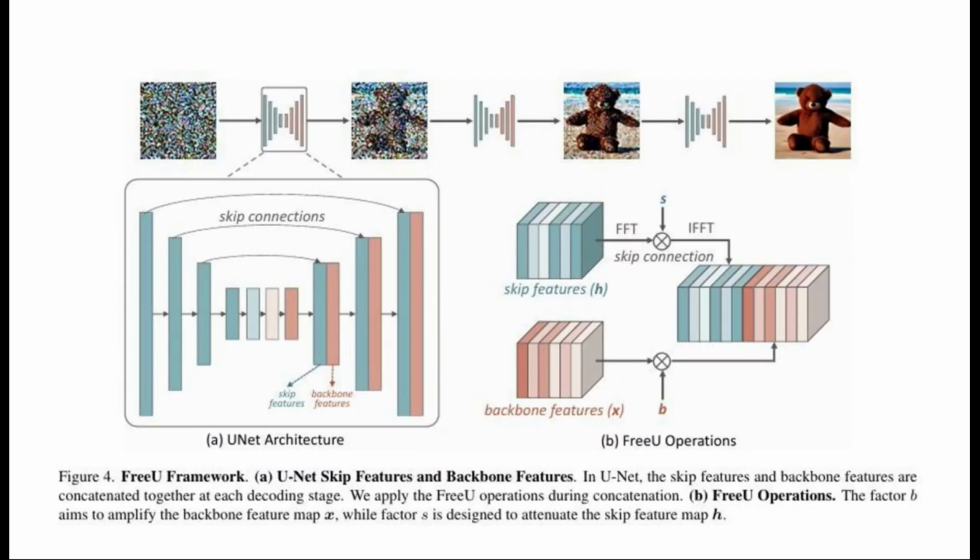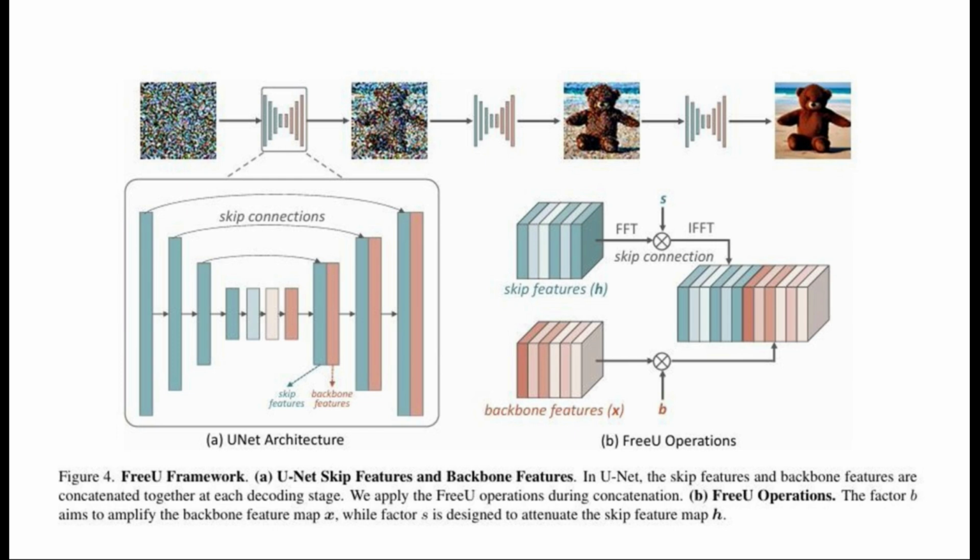Actually, the problem is that the U-Net architecture used in diffusion models consists of 2 parts, that is the backbone, which handles denoising, and the skip connection, which brings back fine details. So the issue is that skip connections dominate the output, sometimes overpowering semantic details from the backbone.